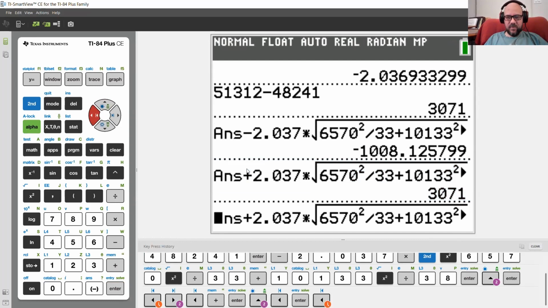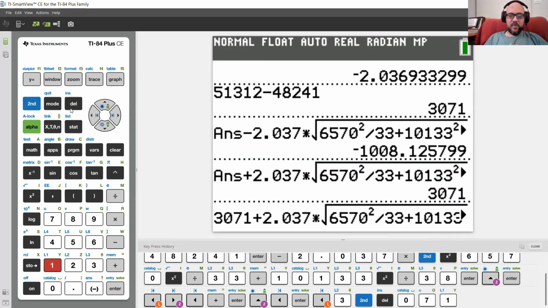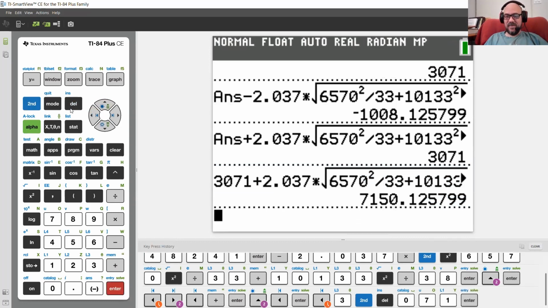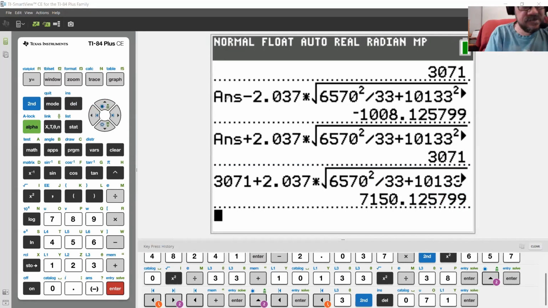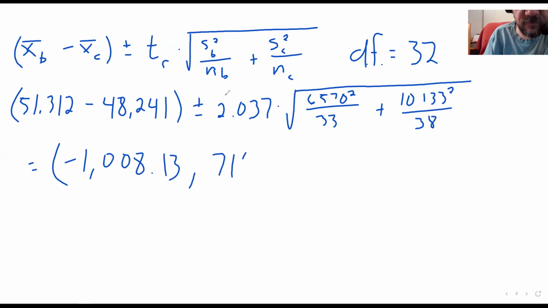I want this to be 3,071 plus, is what I'm trying to do here. There we go. So I've got negative 1,008.13 and 7,150.13. So let's put that here: equals negative 1,008.13 up to 7,150.13.